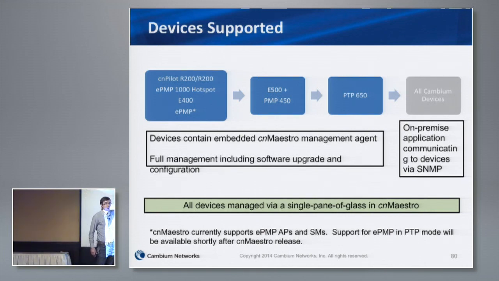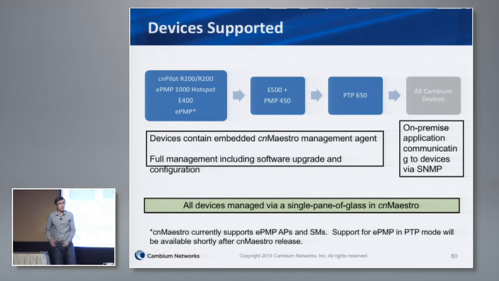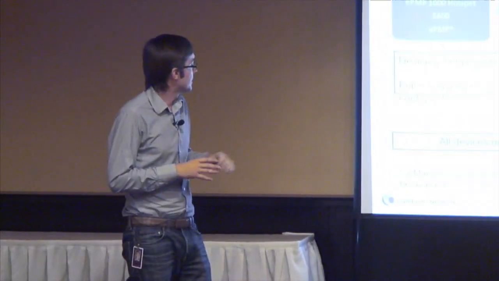Then it will be our PTP 650 product line and all the rest of the devices. We're planning to add some limited support of third-party devices via SNMP. So you can add any type of Cisco routers, Cisco switches, or whatever standard MIB2 enabled devices into this monitoring.